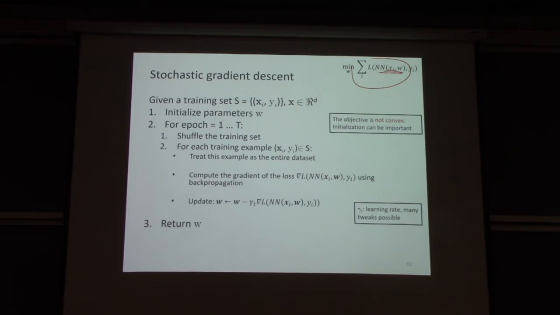These are all tweaks on this basic template. I'm not going to cover all of these because we don't have time, and it's an entire semester's worth of class to cover all the tricks and tips with neural networks. But hopefully I've given you enough of a skeleton for you to pick it up. Any questions about this?